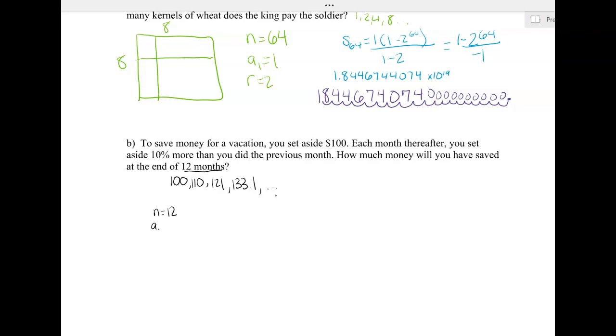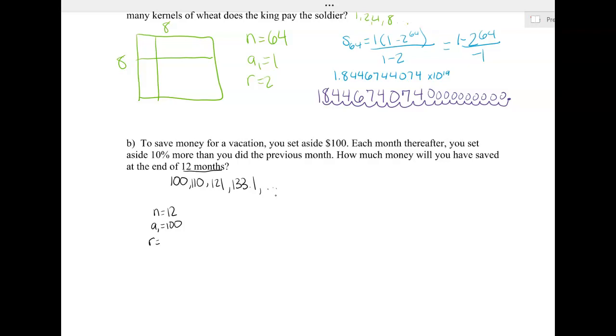A sub 1, looking at that list, should just be 100. And then finally, my rate. What the heck was I going up by to get from 100 to 110? Be careful if you said 10% or 0.1. No, that's what you're adding every time.